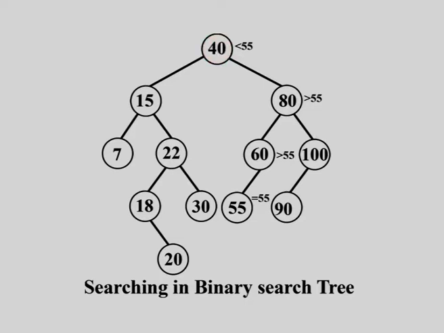As the desired element is not the same as the root element, the search property of the binary search tree says that the element 55 might be in the right subtree because the desired element is larger than the root element. And we know that the elements in the right subtree of the root are larger than the root element.